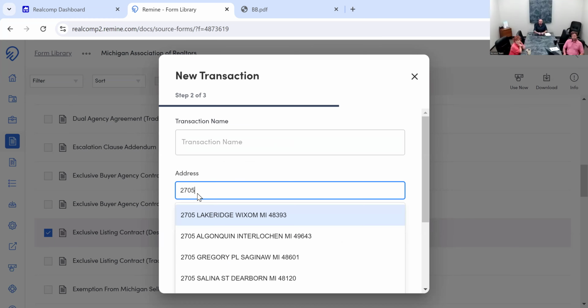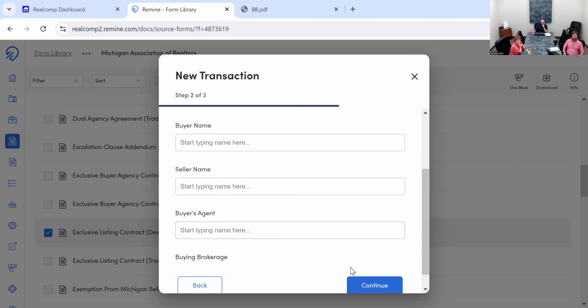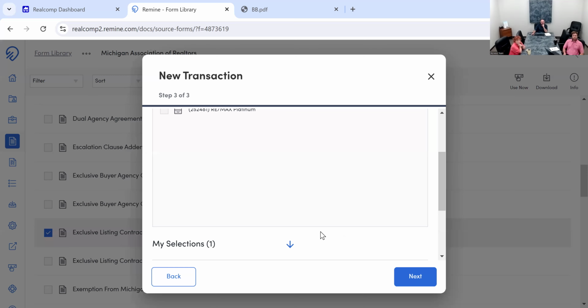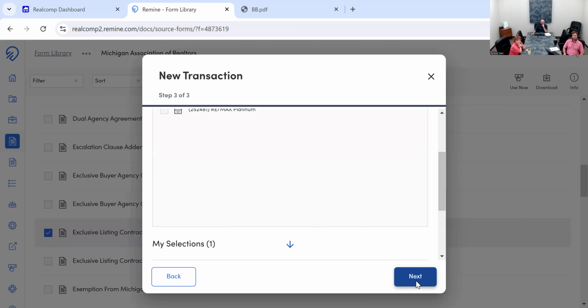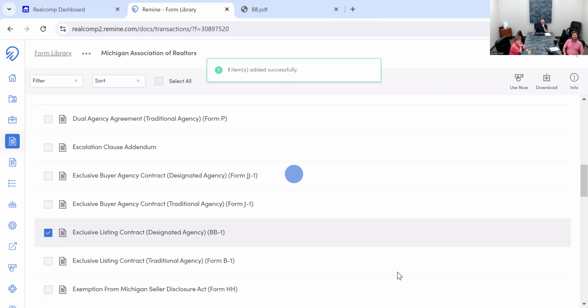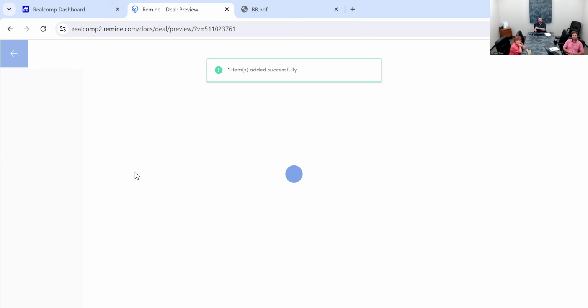What is it? 2705 Aralia. All right. I don't need anything else. I just wanted this one form. All right, so we have here the listing form.